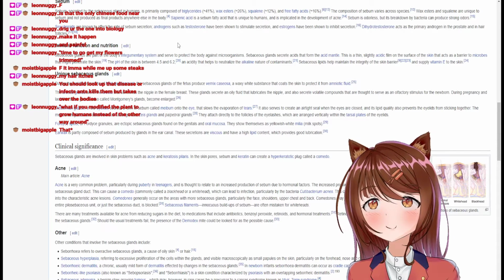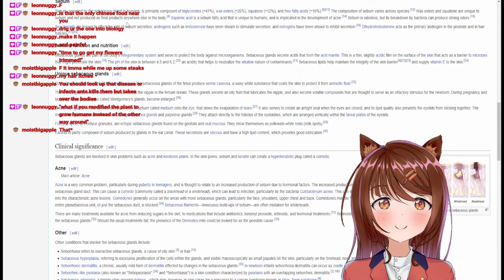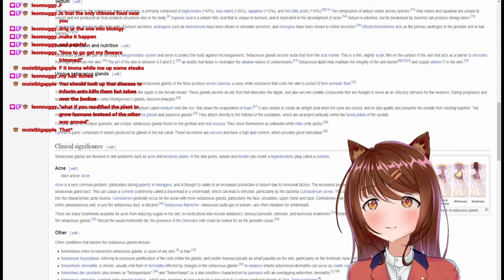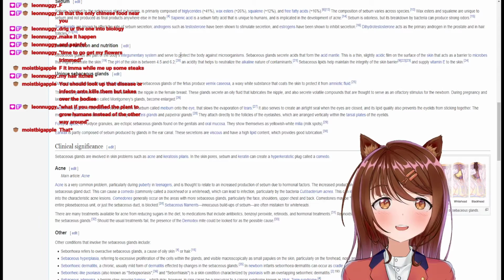So what if we made a plant that ate sebum? It lived off of sebum and it returned something to you. What would it return to you? How would it return it?